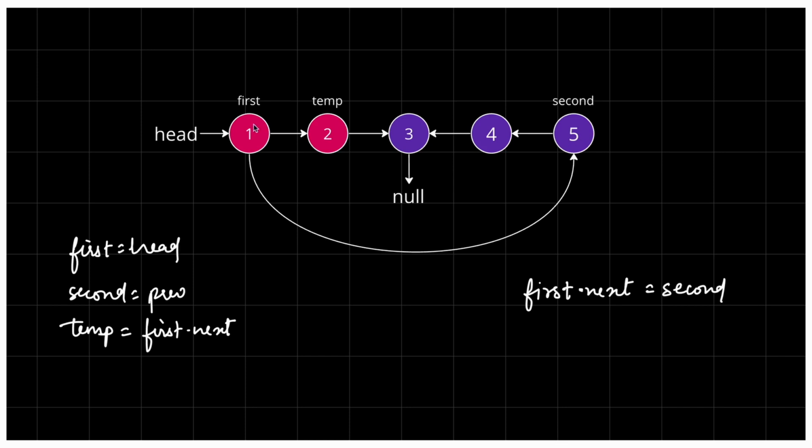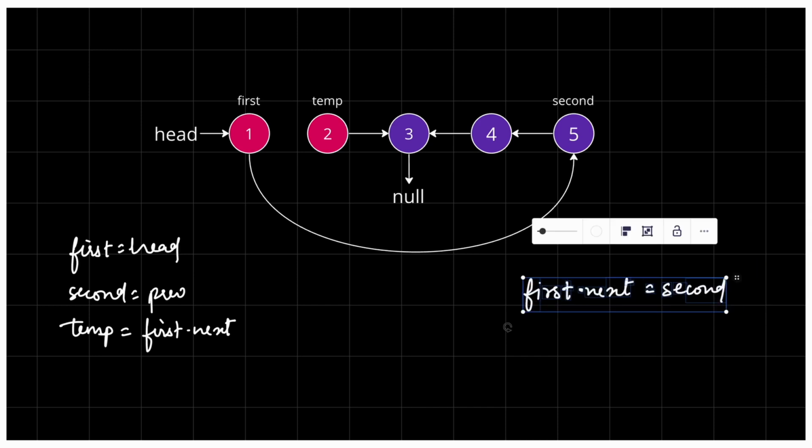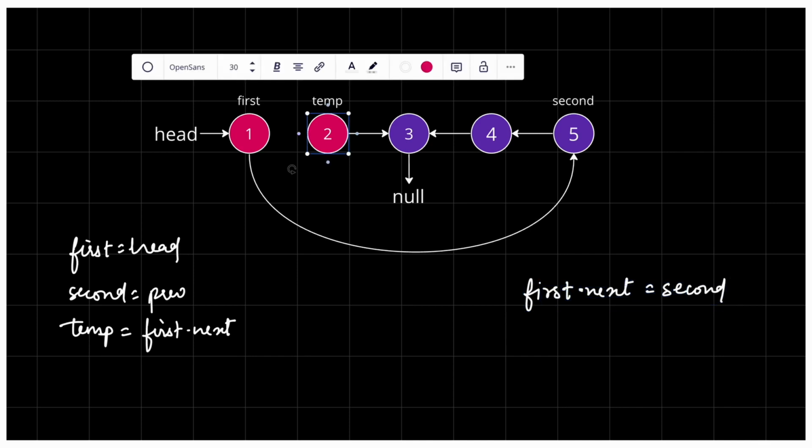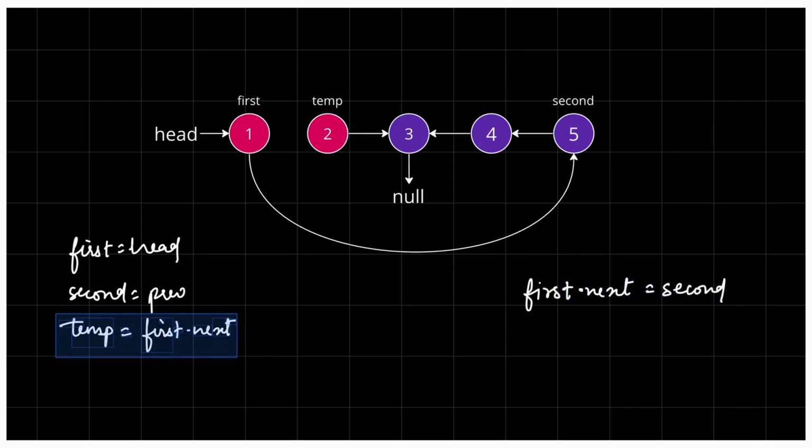As soon as we make first point to the second node, we will be losing this pointer. This pointer will be lost. So I need to make sure that I have this temp pointer. That is the reason temp is first.next, before actually making this change. Before I start pointing the first node to second, I will make sure that I don't lose the pointer to this node. That is why I will write temp equals first.next. Great.